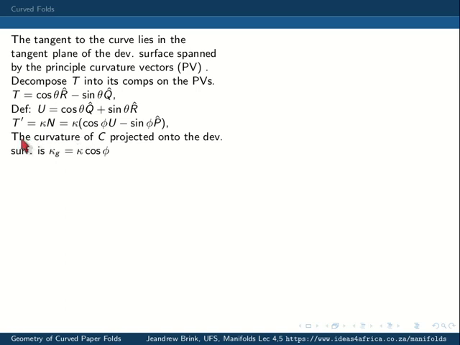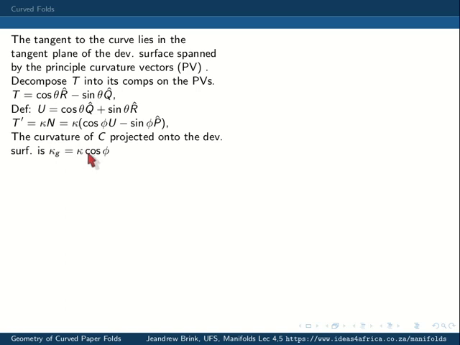So the curvature of C projected onto the developable surface is, they call it kappa G in the Duncan and Duncan paper. That's why I use the notation. That's kappa G. It simply equals kappa, the curvature of the space curve, times cos phi.